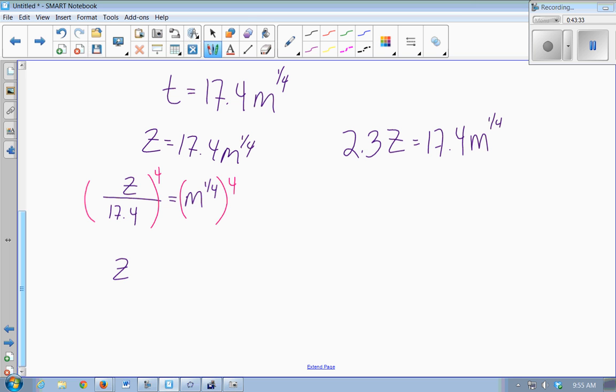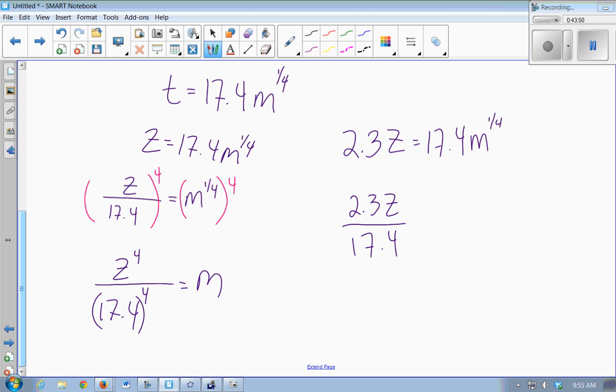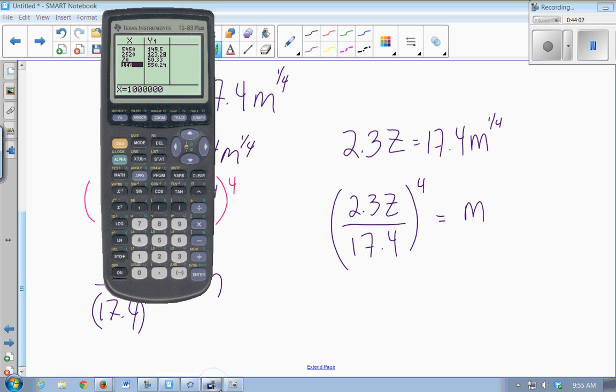So I have Z to the 4th over 17.4 to the 4th, whatever that is, equals M. Similar problem I do over here. So I'm going to have 2.3 Z over 17.4, all raised to the 4th to give me M. And then when I simplify this thing, I have to raise the 2.3 and the Z to the 4th power.